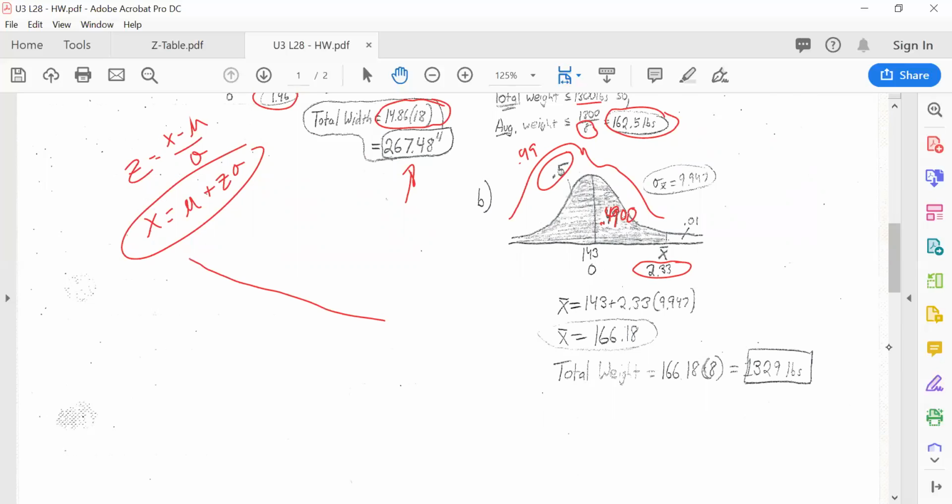So then I apply the z-score formula backwards, and I get an average weight of 166.18 pounds. But remember, there's 8 women on the elevator, so I take 166.18, multiply it by 8. And if I want to be 99% sure that I don't overload the elevator, the weight cannot exceed 1,329 pounds.